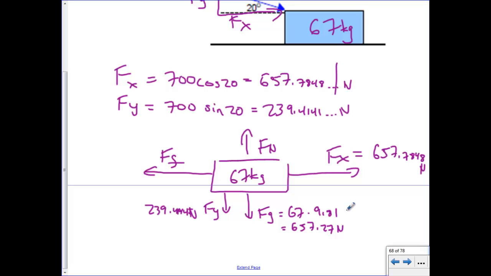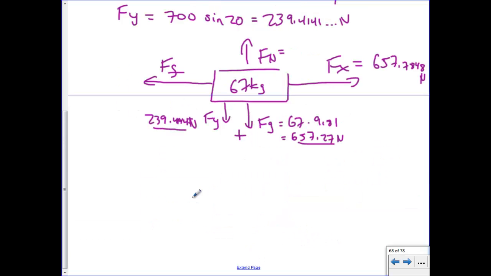Unless for some reason the ground cannot hold this box anymore, gravity plus that y force will be your normal force. So if I want to find Fn, I just got to add this number and this number together to get Fn.